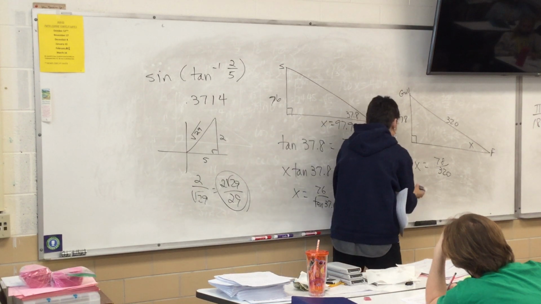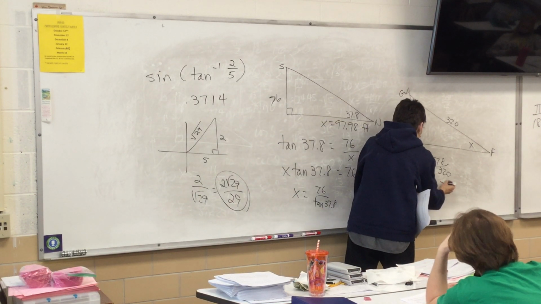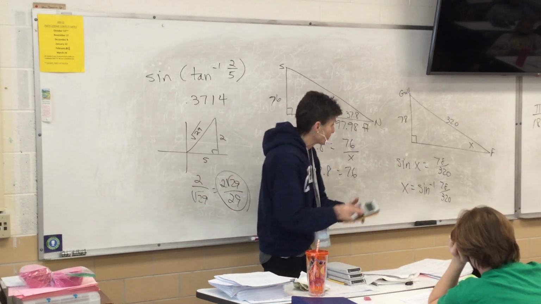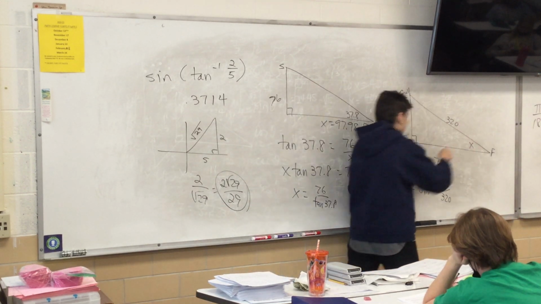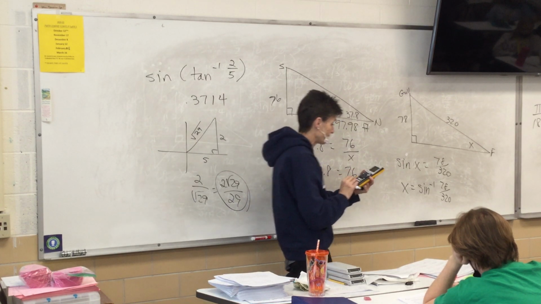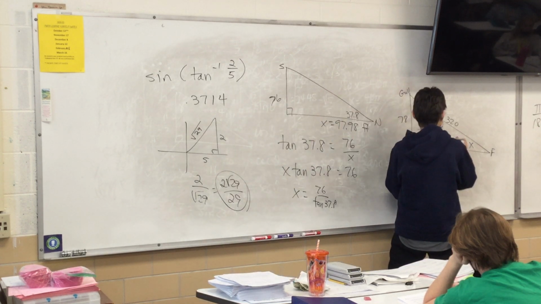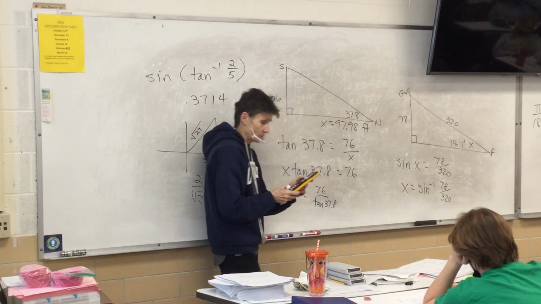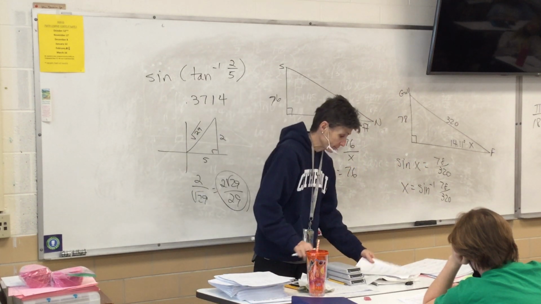This is x equals secant sine 78 over 320. Don't be messing around with them if that's the x. So secant sine 78 divided by 320. 14.11. And that would be degrees. That's an angle. So its unit is degrees.